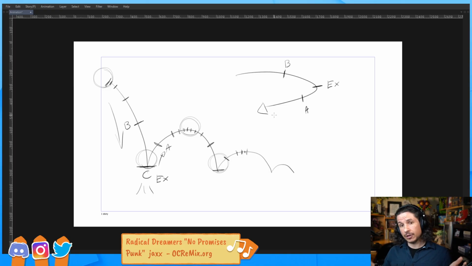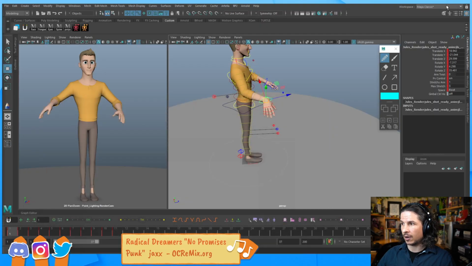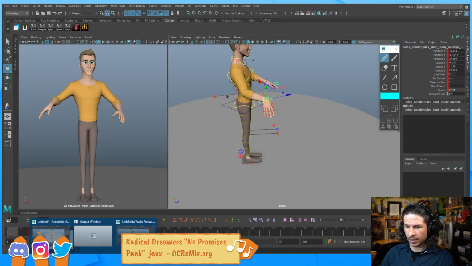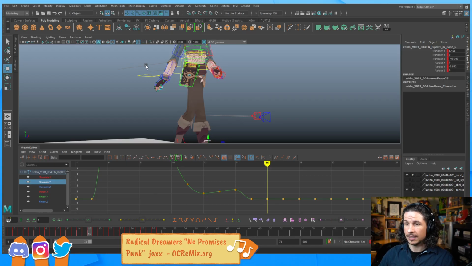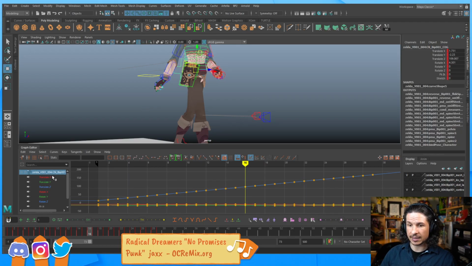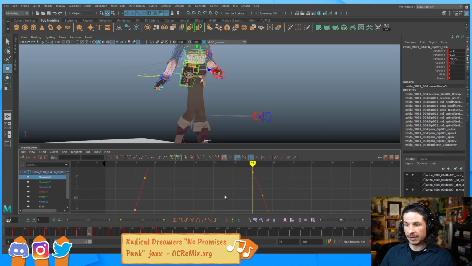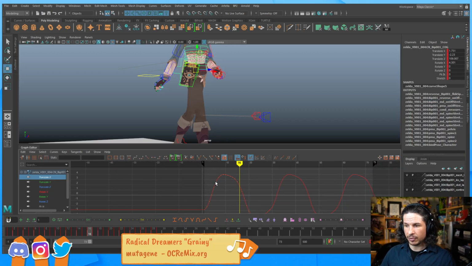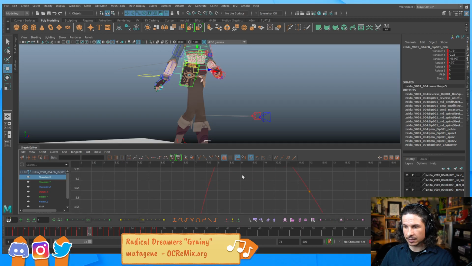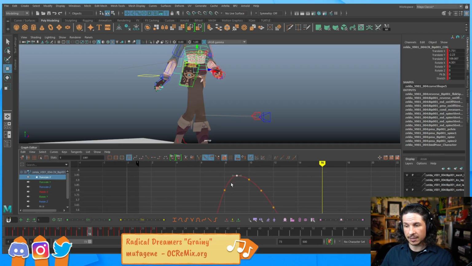Do we always have to follow it? No, but this applies. So let's look at our walk here. Let's look at our hips and look at the side to side. Translate X. If we look at the most extreme point, the peak here, there's our peak.